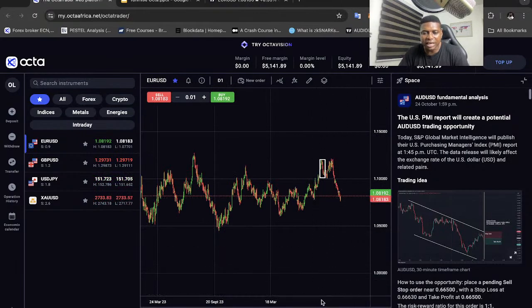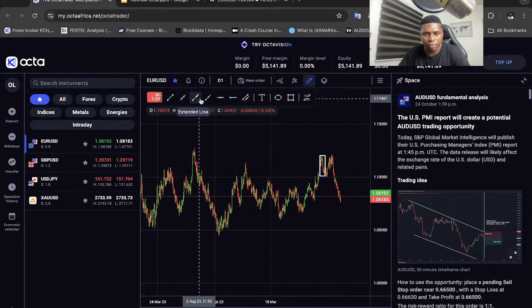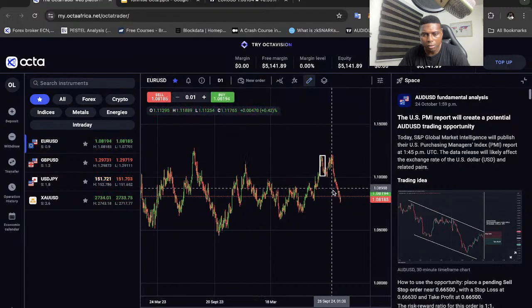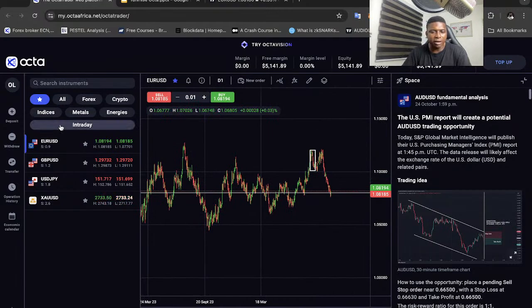So now let's place our order from the weekly time frame. If we're going to place our order here, we are placing our order from here.